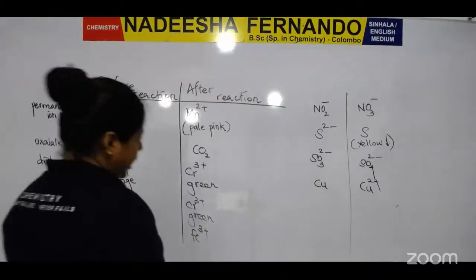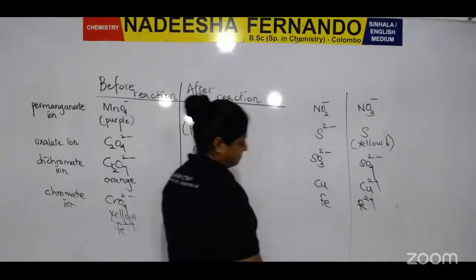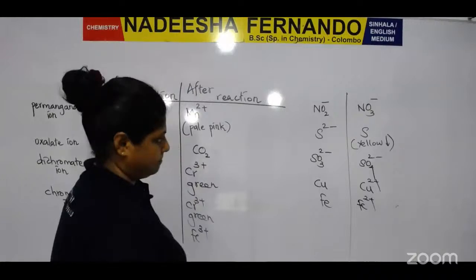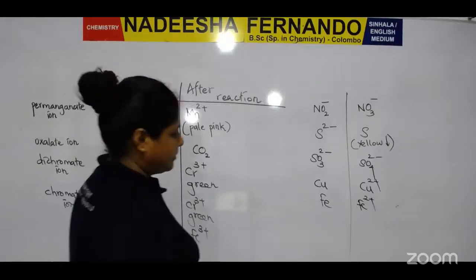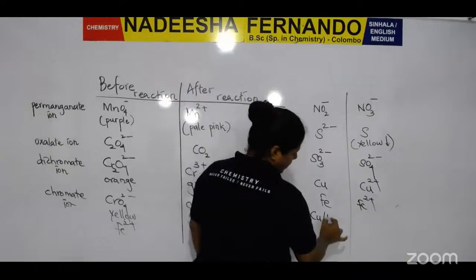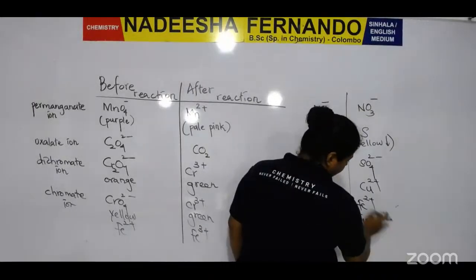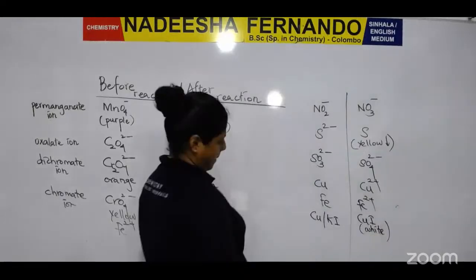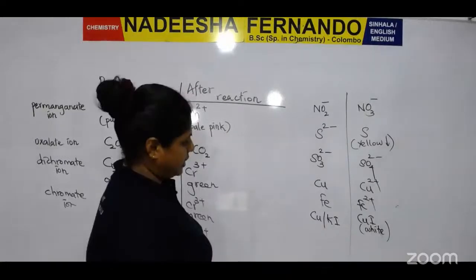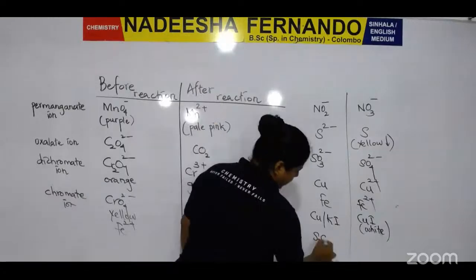If we have Fe, it goes to Fe2 plus. When we have copper with potassium iodide, it forms copper 1 iodide, which is also a white precipitate.